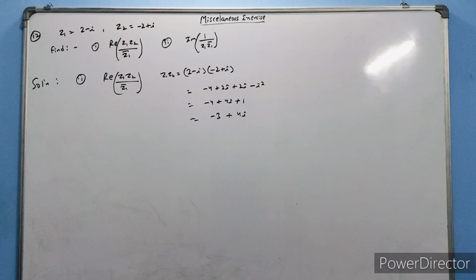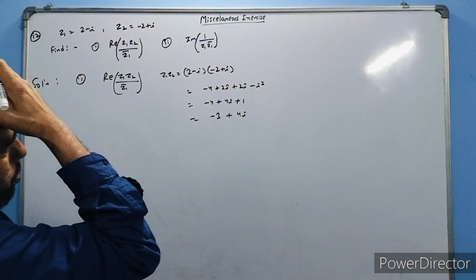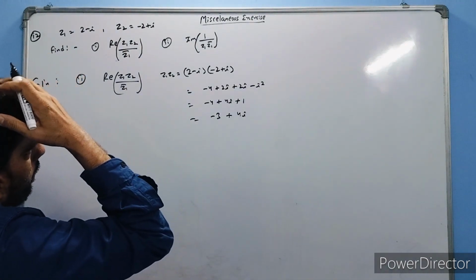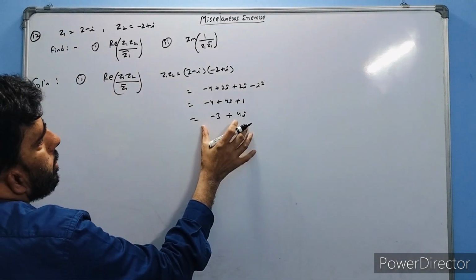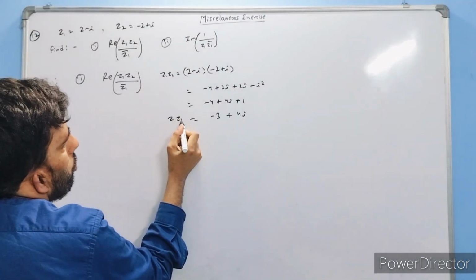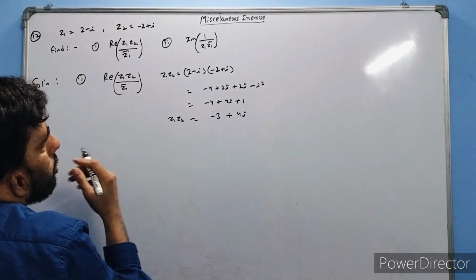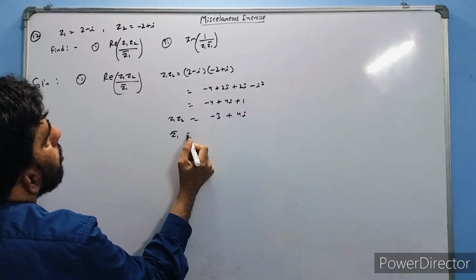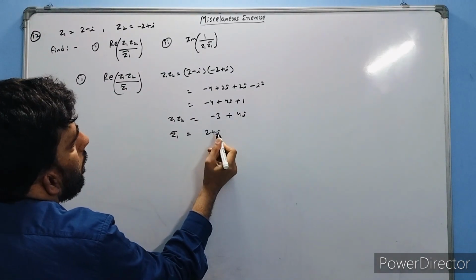Okay, so we have this. Now we need to find the value here, that is we have this z1 z2. Okay, so z1 bar will be 2 plus i.